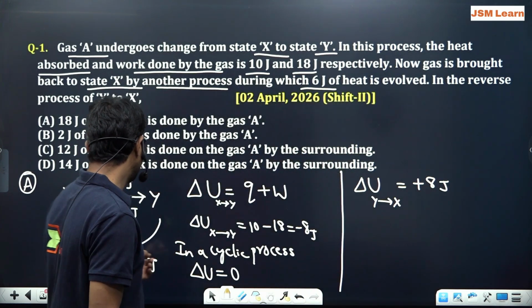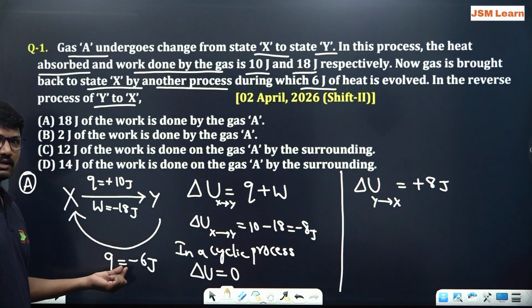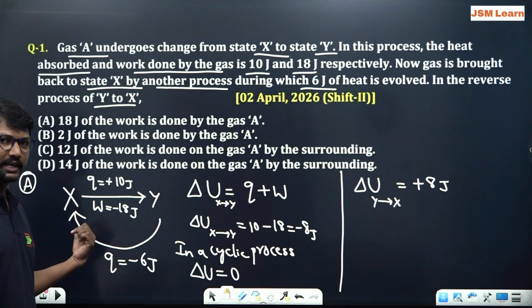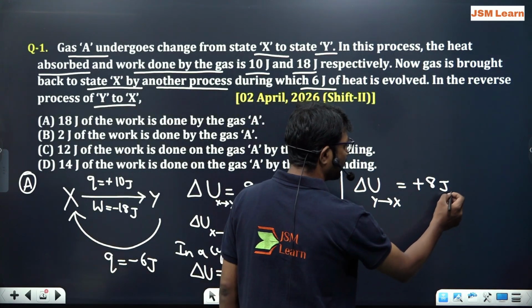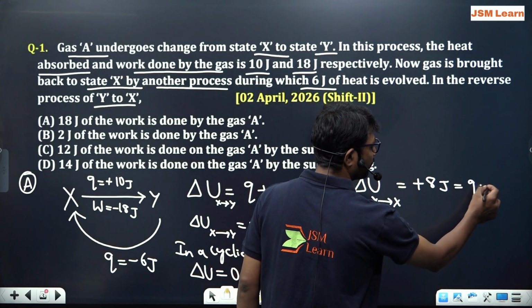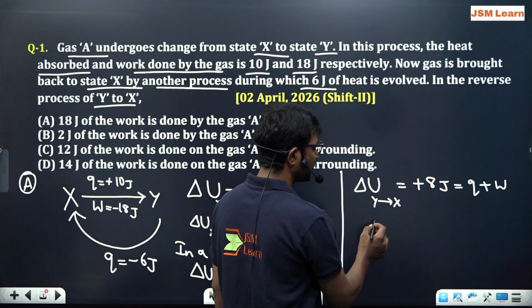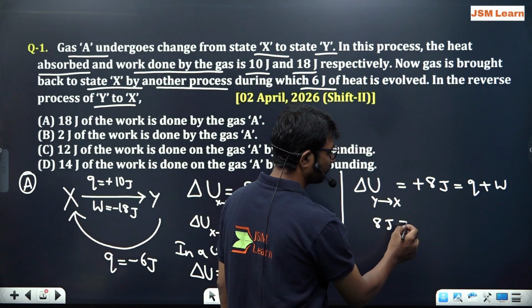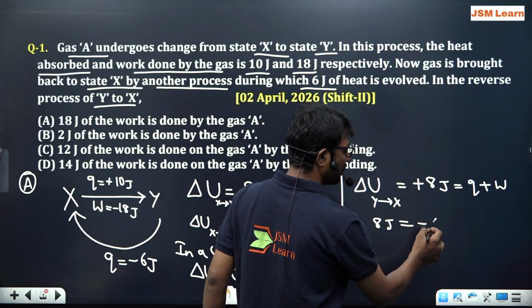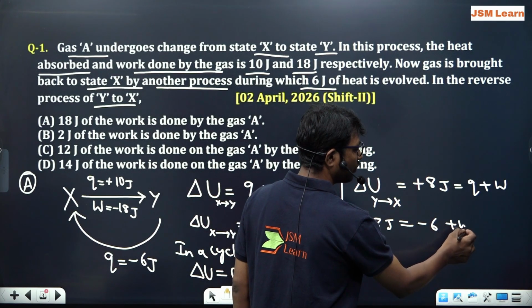Now again, they have given the heat evolved by the gas as minus 6 joules when Y is converting to X. So now we can write the formula according to the first law of thermodynamics, delta U is equal to Q plus W. Delta U is 8 joules, and Q value they have given as minus 6. So we have to identify the work.